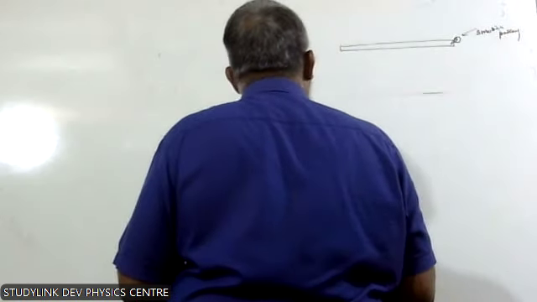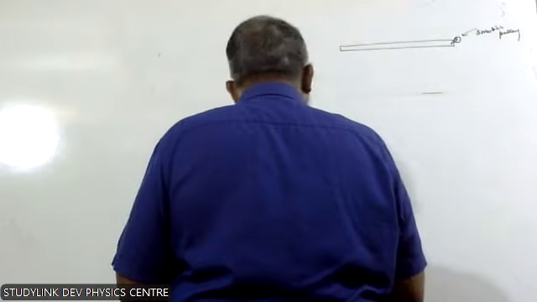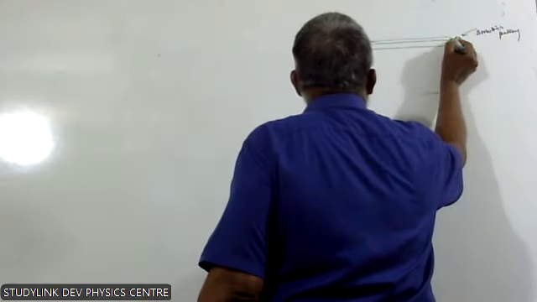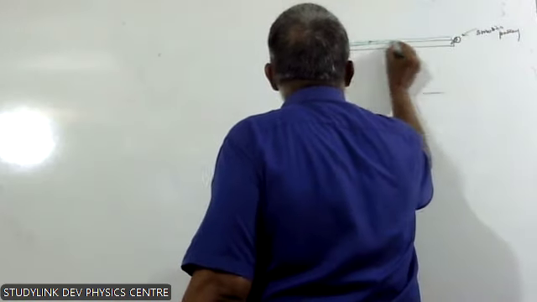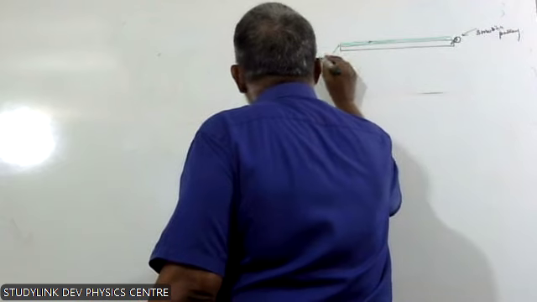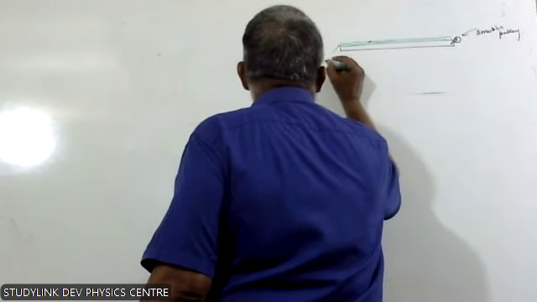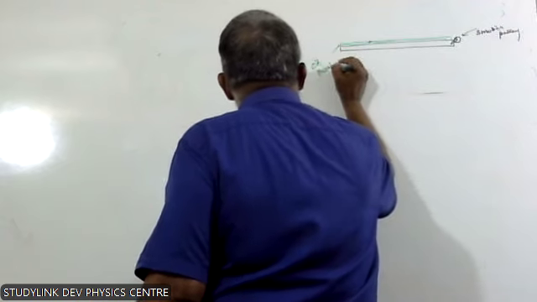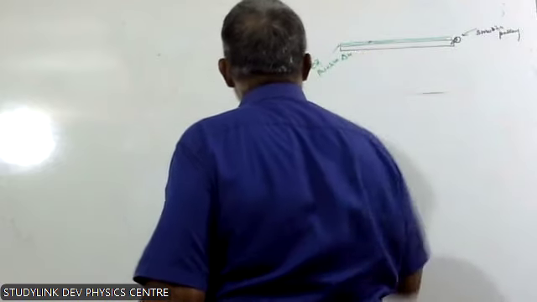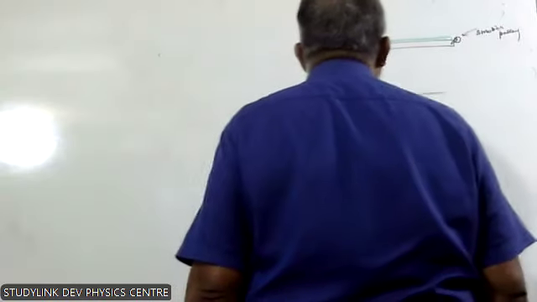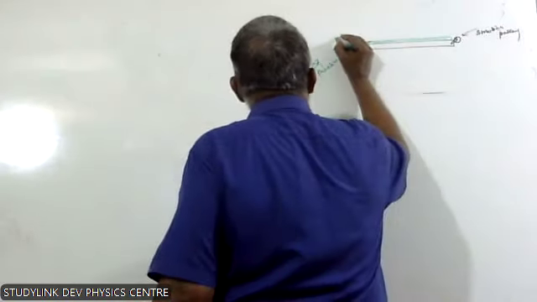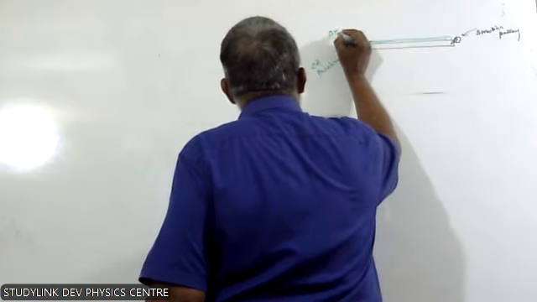After that, there is an oil layer spread here. Oil layer. Thickness delta X. So this delta X is the thickness.